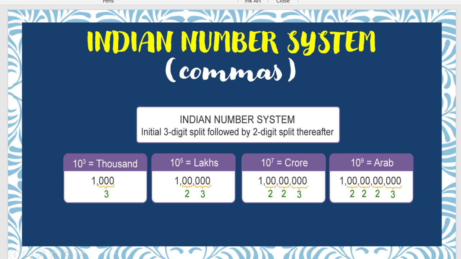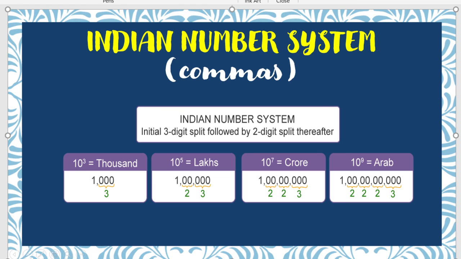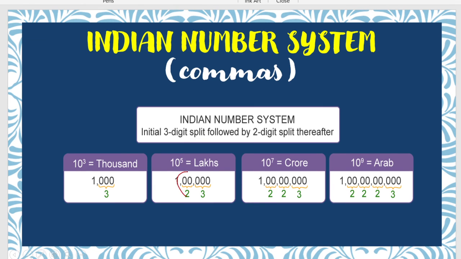Look, now in putting commas in the Indian number system, the same thing is repeated first. You count 3 digits from the back and put a comma after 3 digits. Then for every 2 digits, you put a comma. There is a twist between the Indian and international number systems. In international, you put commas after every 3 places.